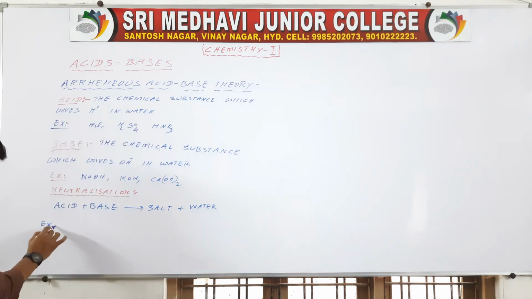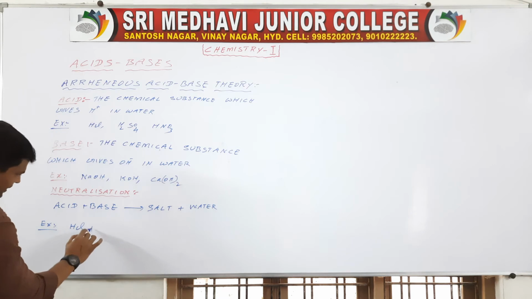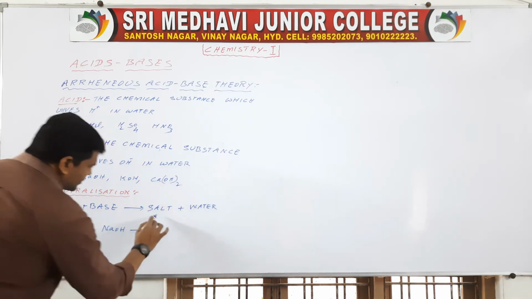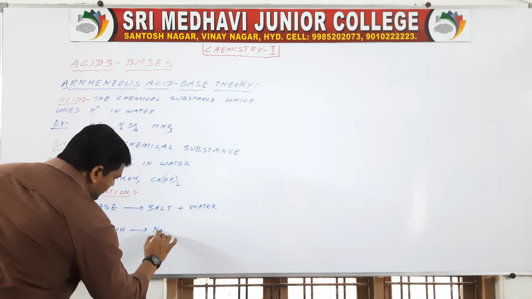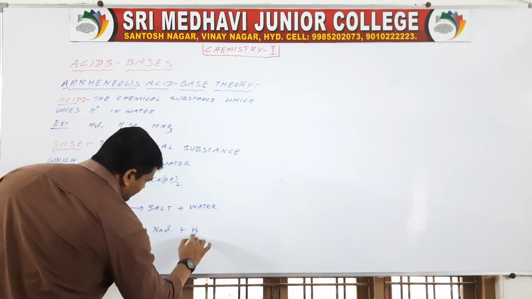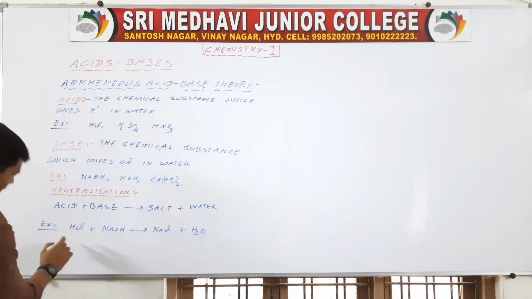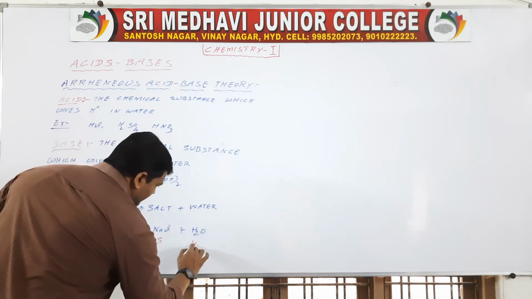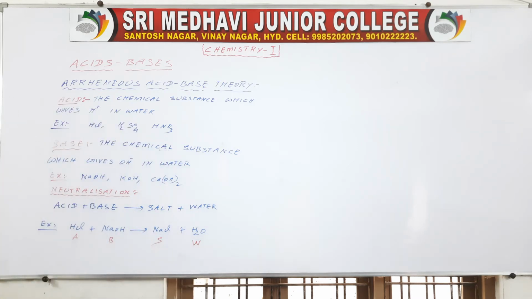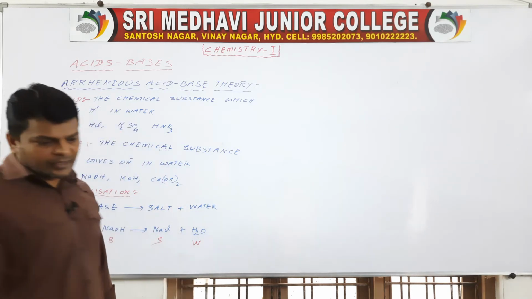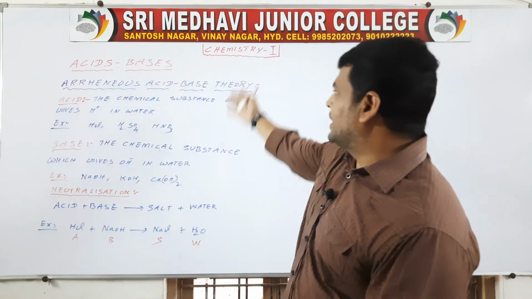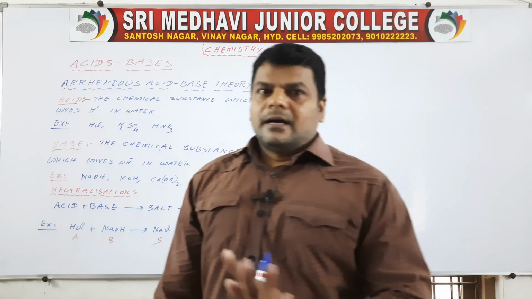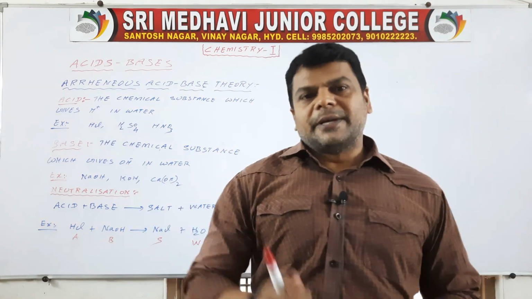For example, HCl plus NaOH gives rise to NaCl plus H2O. It is an acid, it is a base, it is a salt, it is water. It is a neutralization reaction. This is Arrhenius acid base theory. Discussion is over about Arrhenius acid base theory.